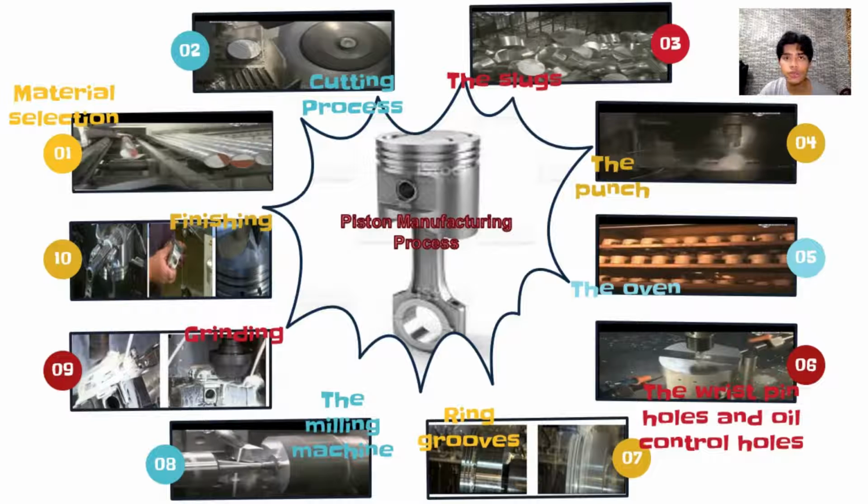After the ring grooves are created, a milling machine is used to shave up to a couple of centimeters off each side of the piston where the large holes were drilled for the respin insertion. After that, the piston is ground from its head to give the crown the shape required according to the design.